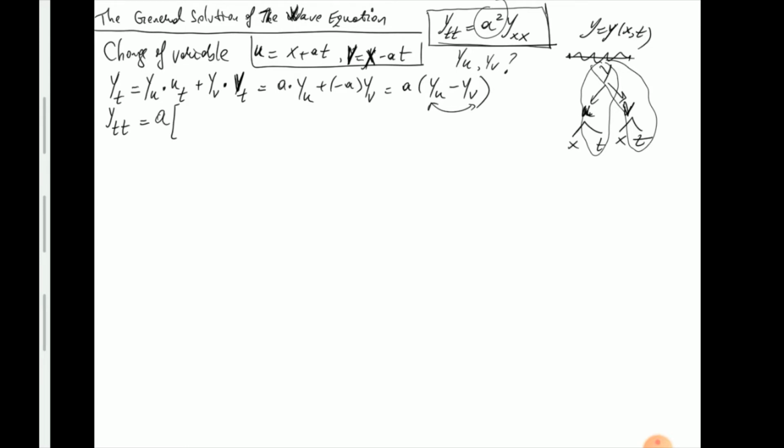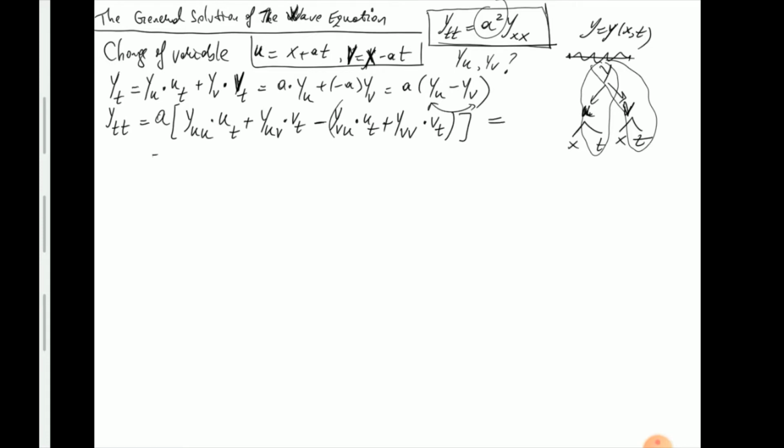And then now we do partial u again, so that's going to be y_uu, and then via the chain rule, multiply again by u partial t plus y_uv times v partial t, and then same thing for y partial v: with respect to u first, then partial t, there's a minus in front of it, plus y_vv times v partial t.